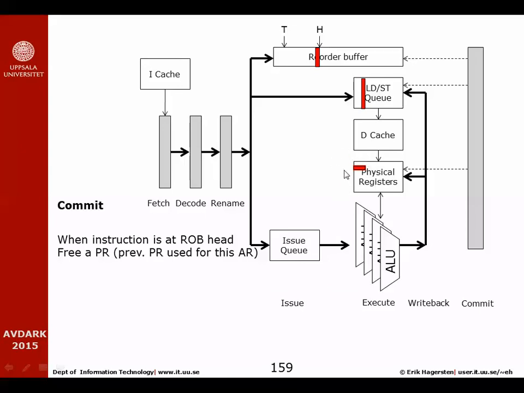I'm not going to go into detail exactly what algorithm is going on, but typically each instruction that has a destination register, which is pretty much all instructions except for stores and branches, will free up a register, but not actually its own physical register. It's a little more complicated than that, but let's leave that for some other time. So we free that up.